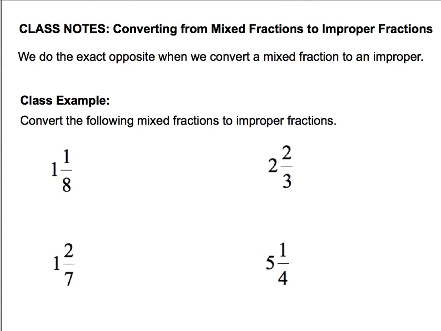So if I want to go from mixed to improper, which is the more important skill for us, if you want to do it pictorially, we can draw our pizza and divide it into 4s, then into 8s.